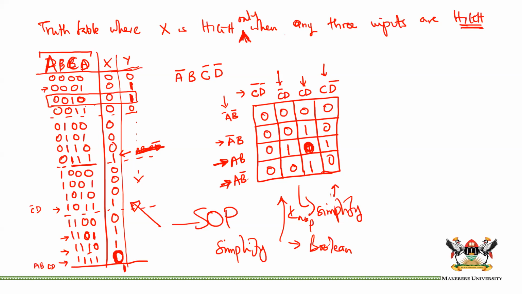K-maps substitute Boolean algebra, as simple as that. But just so that somebody doesn't ignore something, I sometimes say use a K-map to simplify. If I don't make that statement, then you can use whichever method you want.